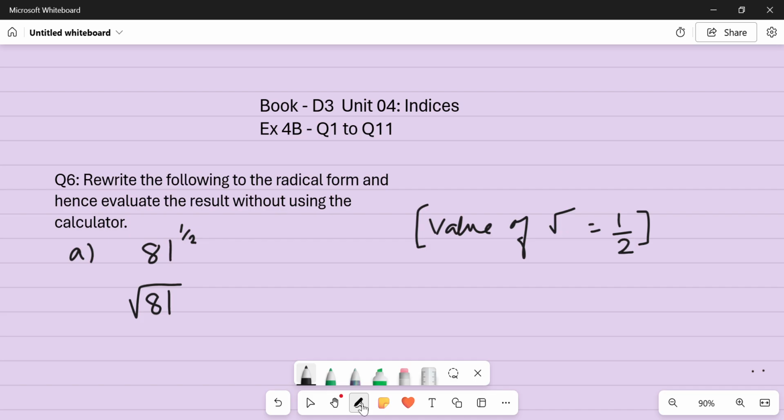So what is the square root of 81? The square root of 81 is 9. This is the answer.